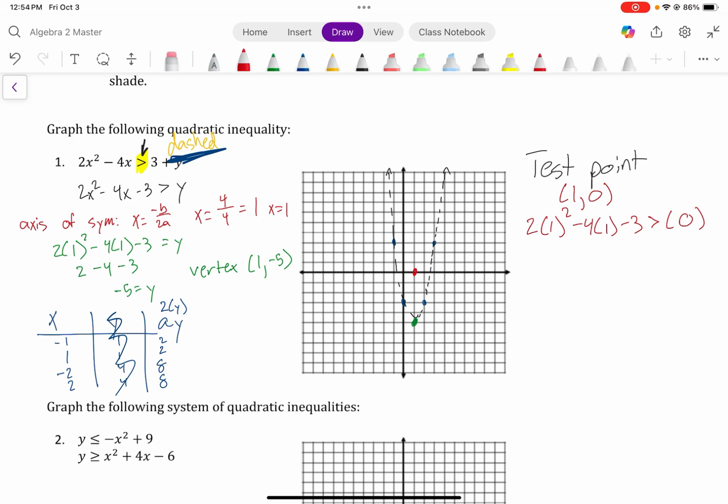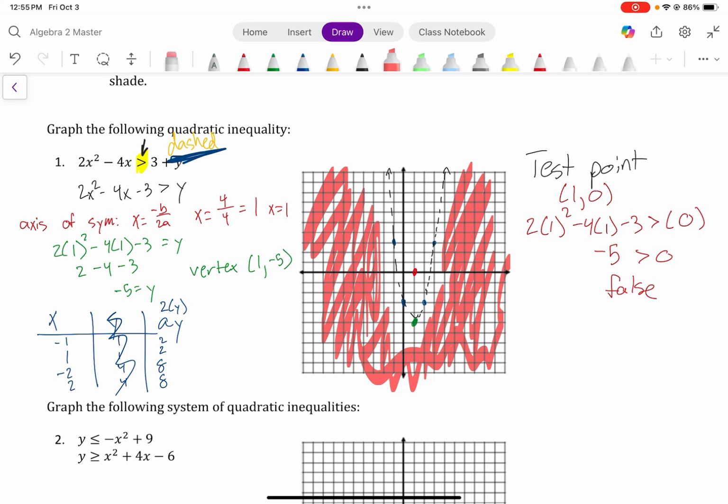I have to redo this work. But I already did that exact calculation, and I found that I got -5. So is -5 greater than 0? Well, no, this is false. So my test point inside of the parabola was false. That means I shade outside of the parabola.